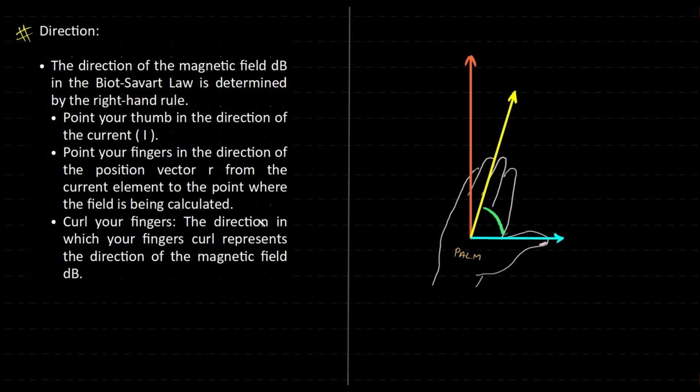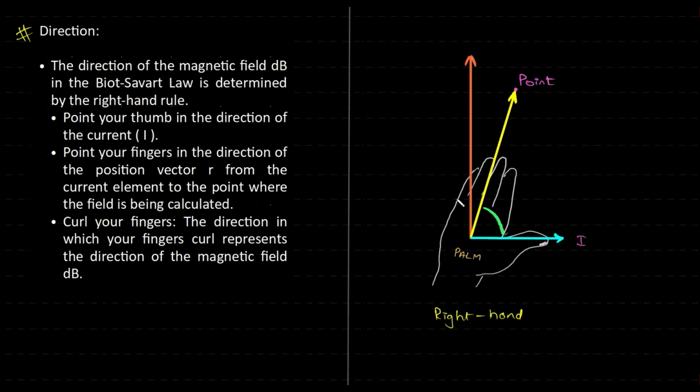What we have to do is open your hand, right hand that is. This has to do with your right hand. You have to have your thumb in the direction of the current, and the point, the position vector, should be in the direction of your fingers.